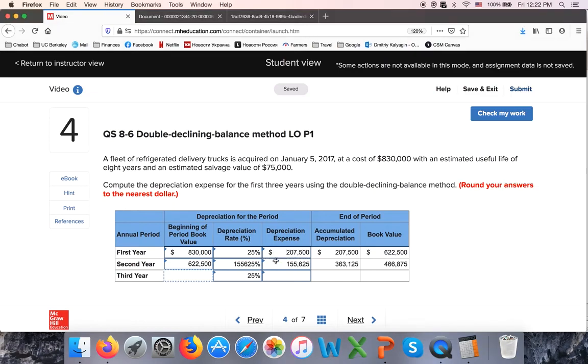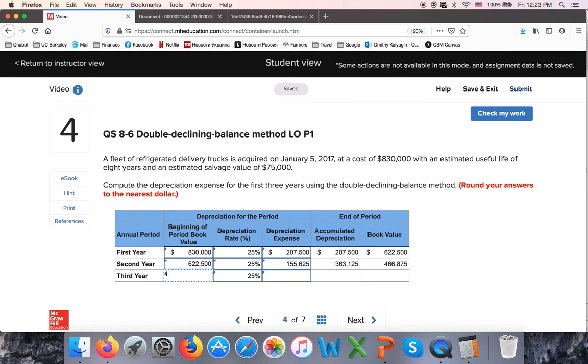Right here should be 25%. So you see how significantly the amount of depreciation expense goes down. What is accumulated depreciation? It's the previous balance of accumulated depreciation plus the current depreciation expense. What's the book value? It's the cost minus accumulated depreciation.